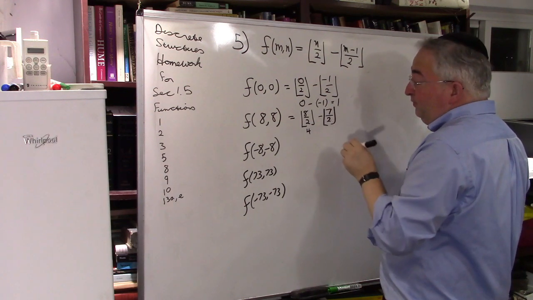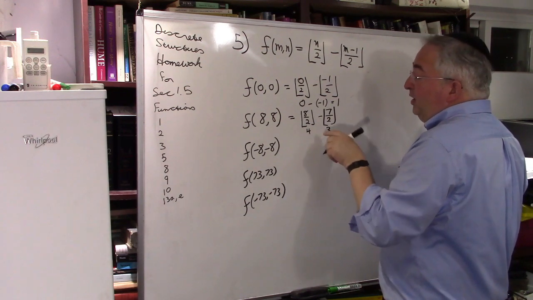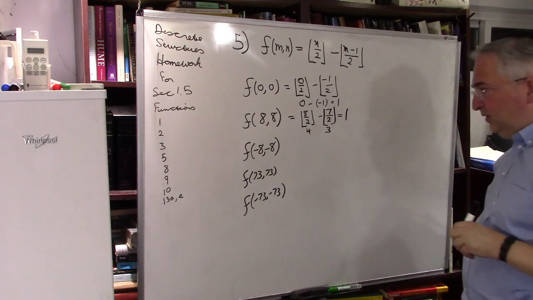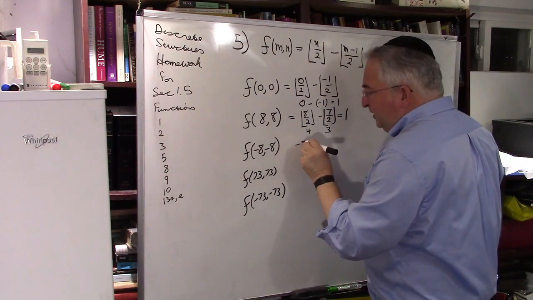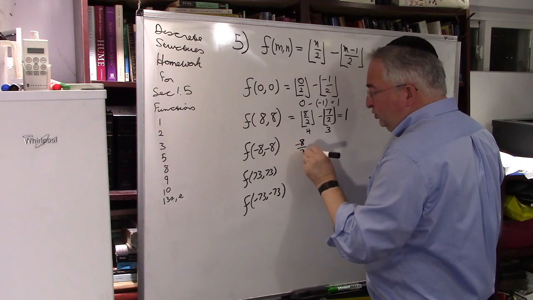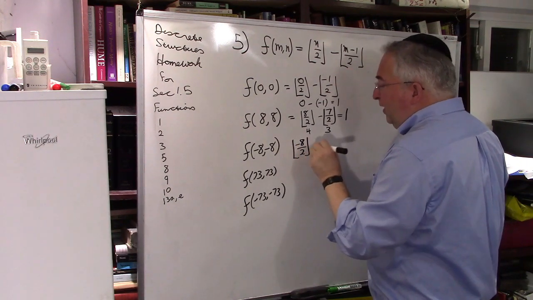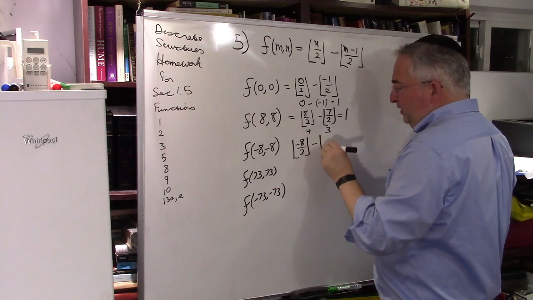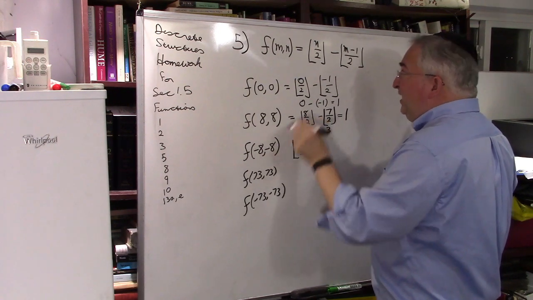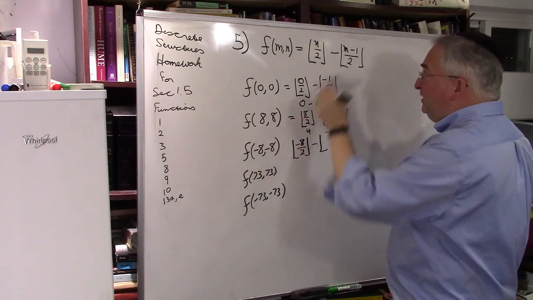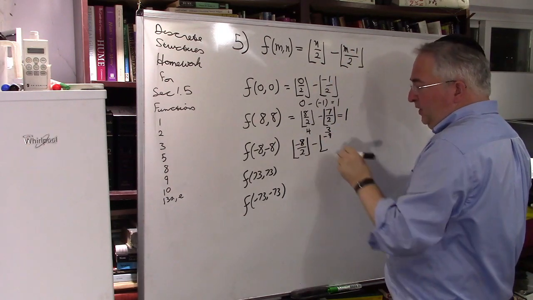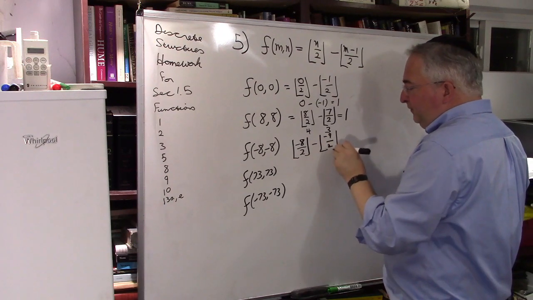The floor of 3.5 is 3, so 4 minus 3 is 1. Great, let's do the next one: negative 8. Floor of negative 8 over 2, minus floor of negative 9 over 2.